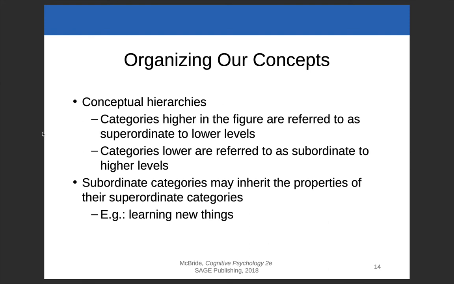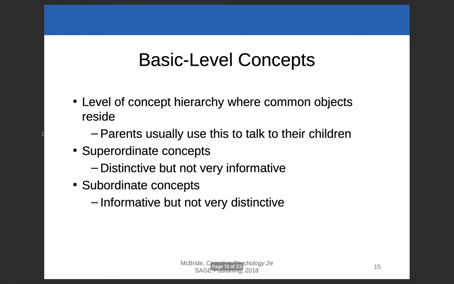So the subordinate categories almost always will inherit the features and properties from the categories above them. It makes learning new things a lot easier. So you've got this hierarchy of concepts going from very general at the top all the way down to more and more specific.